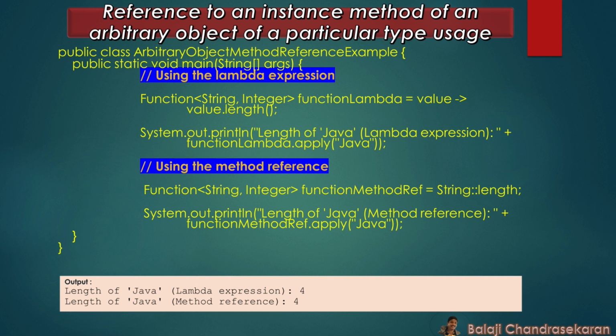In this example, String::length is a reference to the instance method length of the String object. The reference is then assigned to a function that takes a string as input and returns an integer representing the length of the string. When the function's apply method is called with the input "Java", it invokes the length method on the Java string object to return its length.